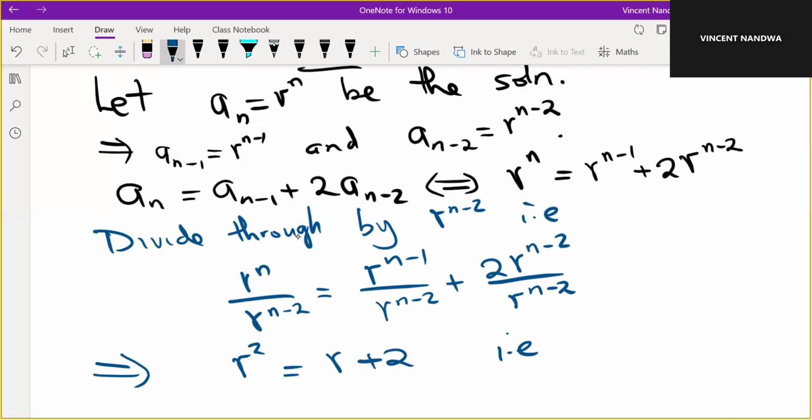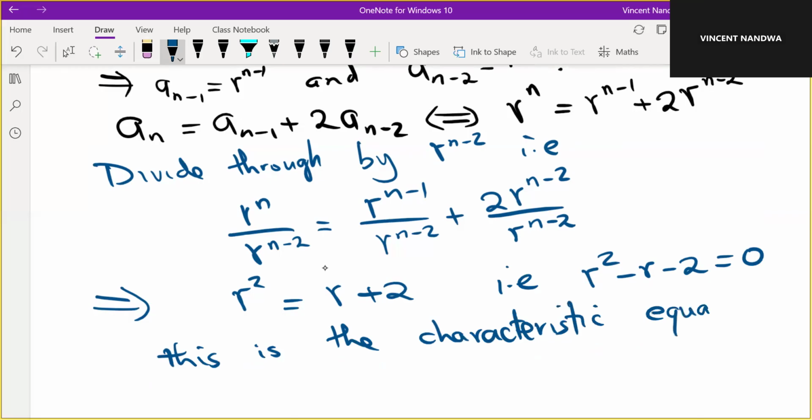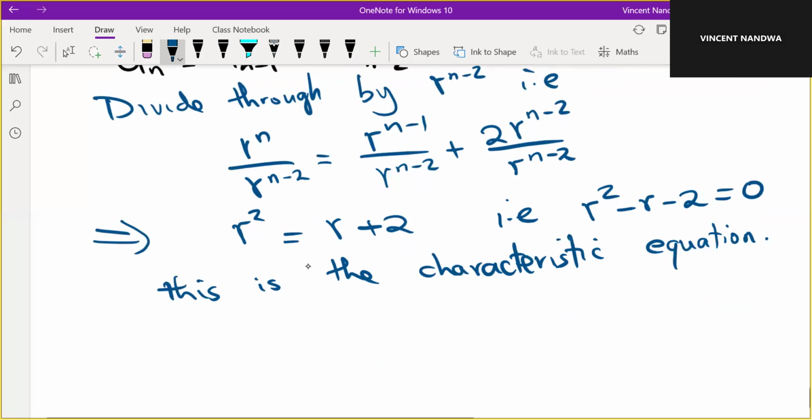Which is the same thing as saying r squared minus r minus 2 equals 0. So this is now what we call the characteristic equation.